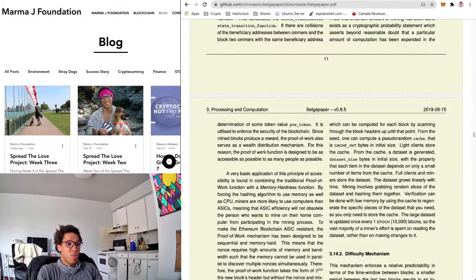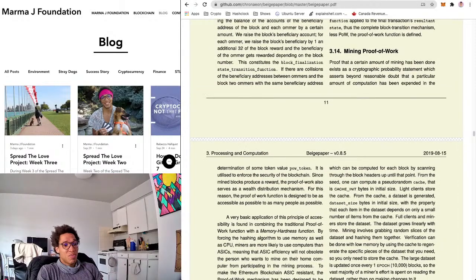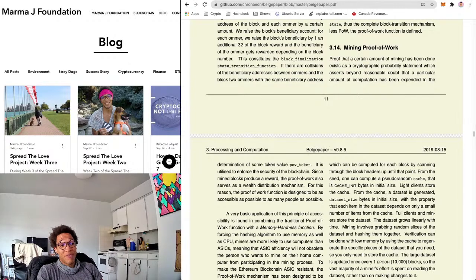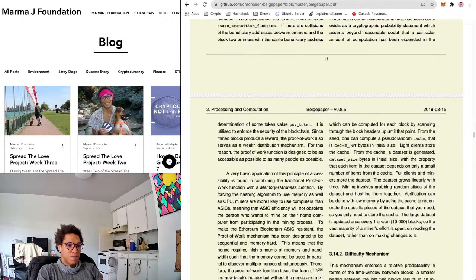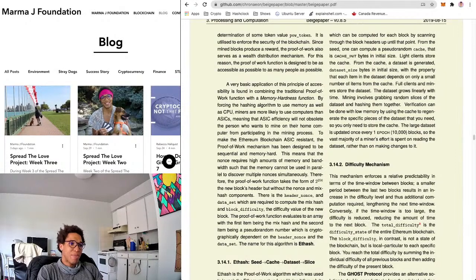For this reason, the proof of work function is designed to be as accessible as possible to as many people as possible. Simply stating, the proof of work mechanism is a way to efficiently and cryptographically prove that you've distributed assets to people who are securing the network. A very basic application of this principle of accessibility is found.